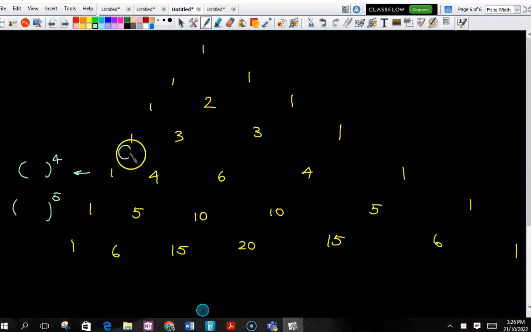This one, work out what C30 is. Do you get 1, 3, 3, 1? What will this be? C40, C4, 1, C4.